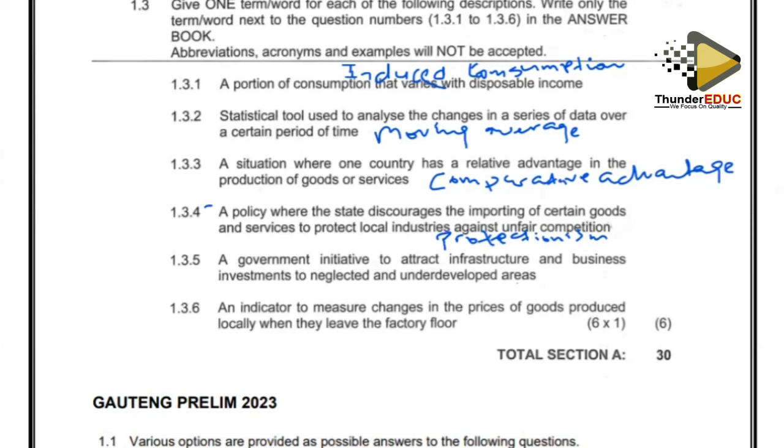So 1.3.5, grade 12, reads as follows: a government initiative to attract infrastructure and business investments to neglected and underdeveloped areas.